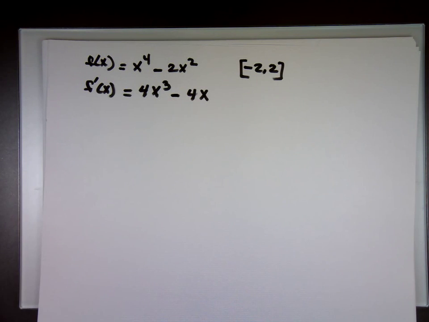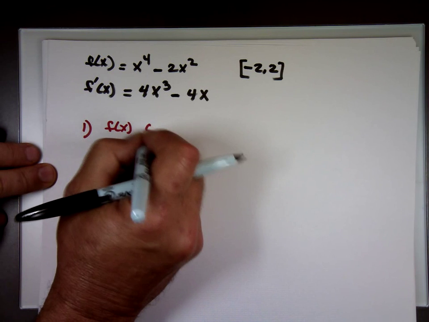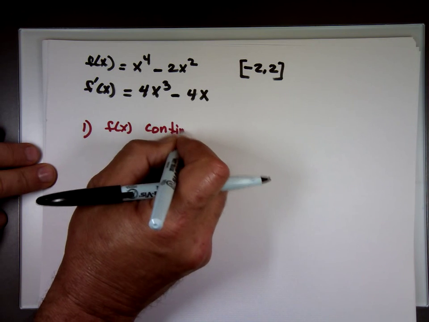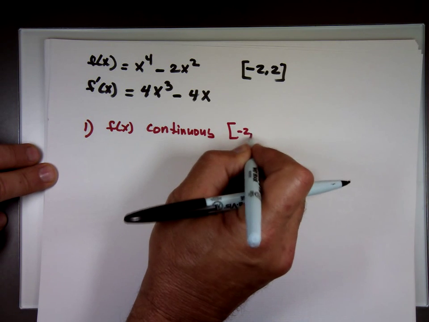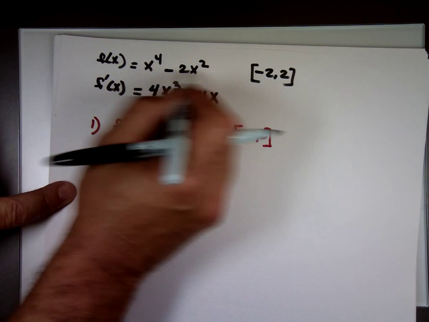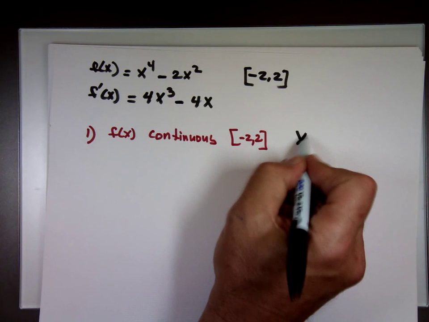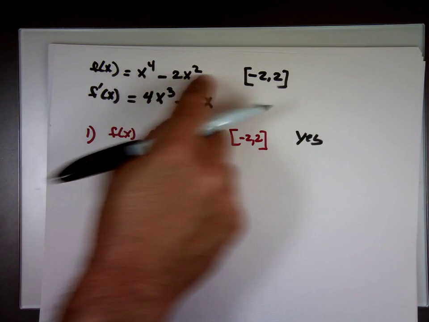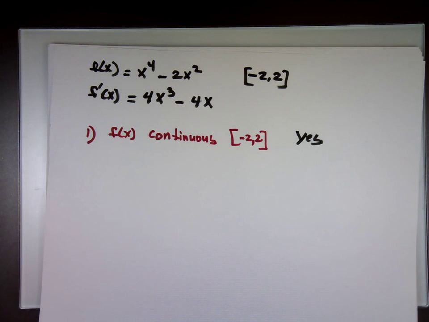So the first one: is f of x continuous from minus 2 to 2? Let's look at that. Anywhere you plug in, there's an answer. Yes. I don't see a value of x. The only time it's not going to be continuous is if you have a fraction with x in the bottom, or a square root of a negative number.